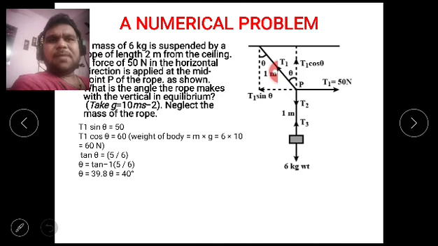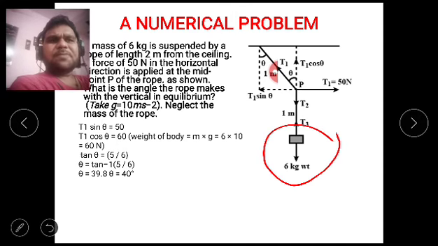So what data is given? First data is mass of 6 kg, suspended by a rope of length 2 meter. Then a force of 50 Newton is applied at the midpoint P of the rope.